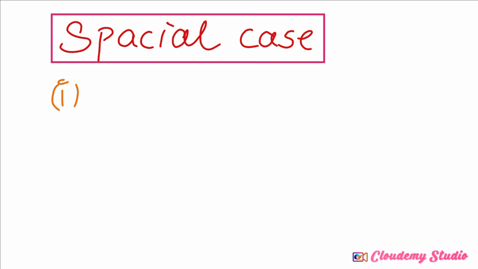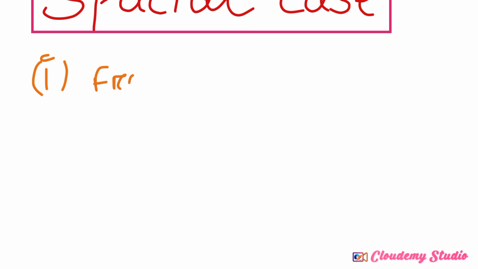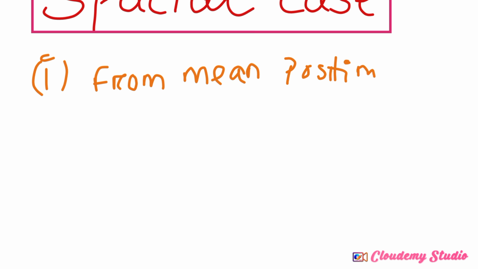First of all, when a particle starts motion from the mean position, then t is equal to 0 because it starts motion there, and displacement is also equal to 0. Here x is equal to 0.